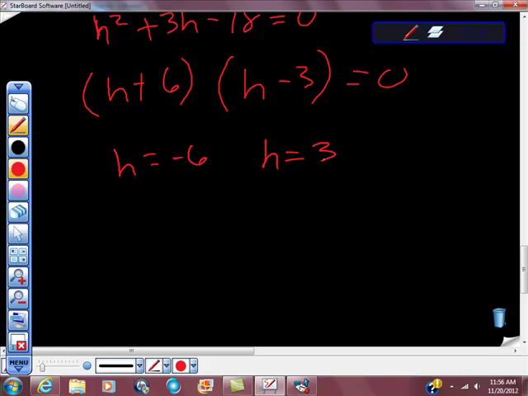And since we're working on a real problem here, we can't have a negative number, so negative 6 cannot be our answer. Our answer is h equals 3.